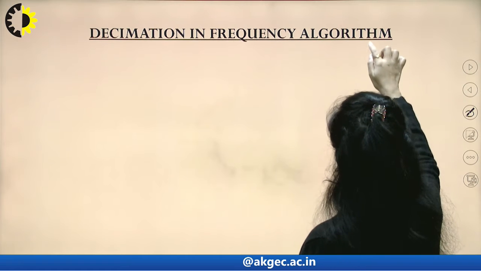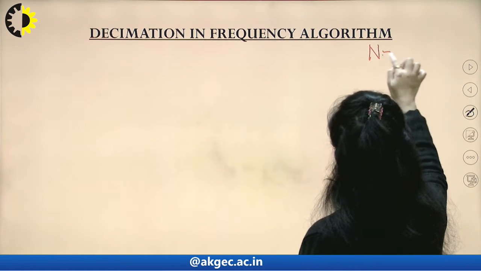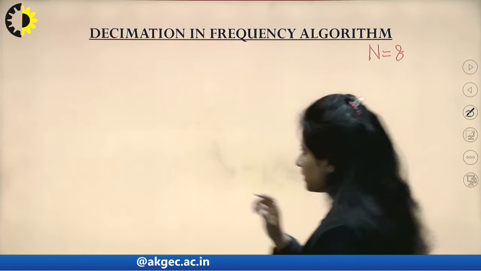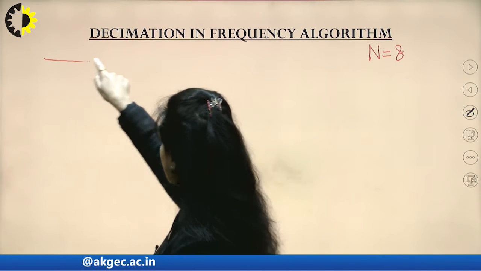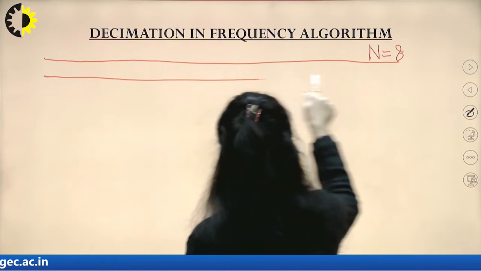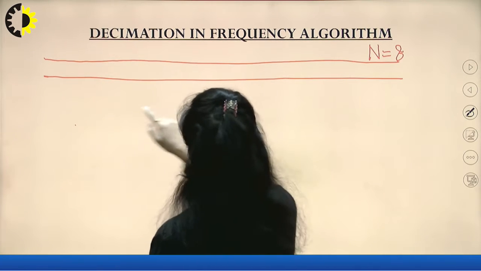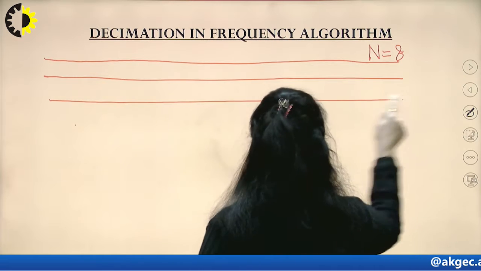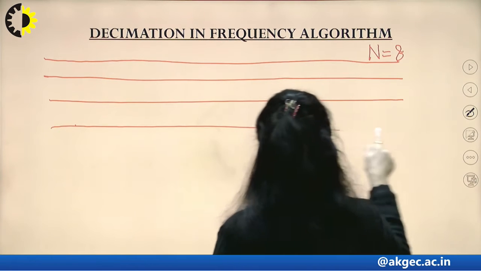If we talk about, say, N is equal to 8, then in the same way I'll be proceeding. I'll be creating parallel lines equal to the number of samples for which I need to calculate the DFT.